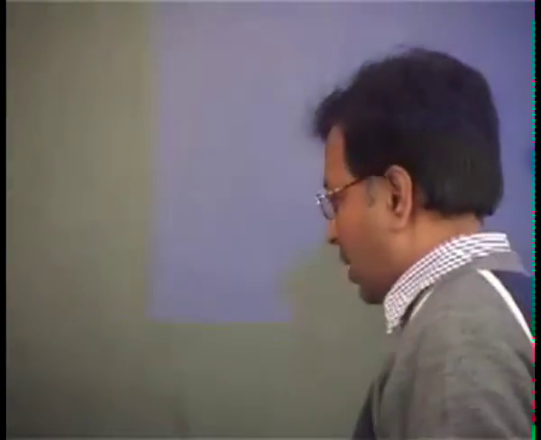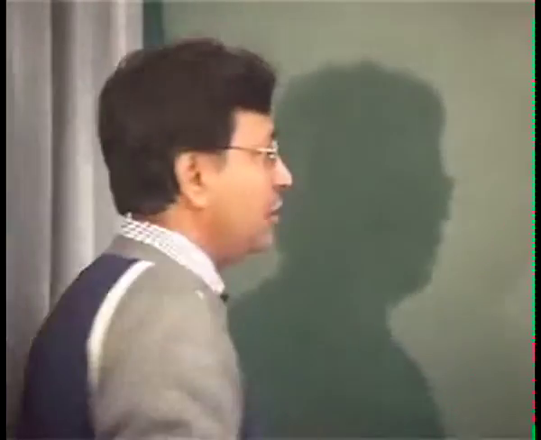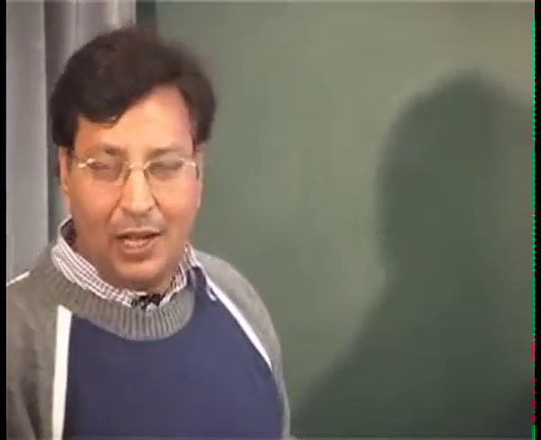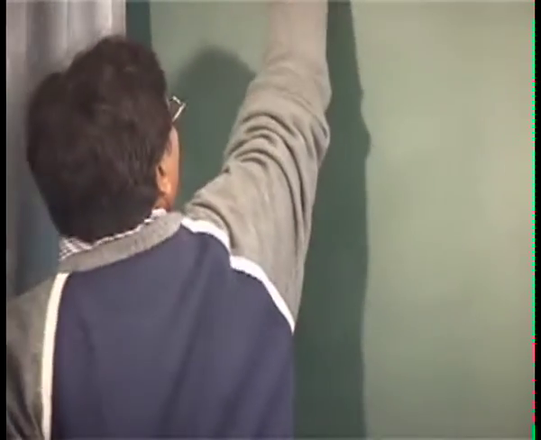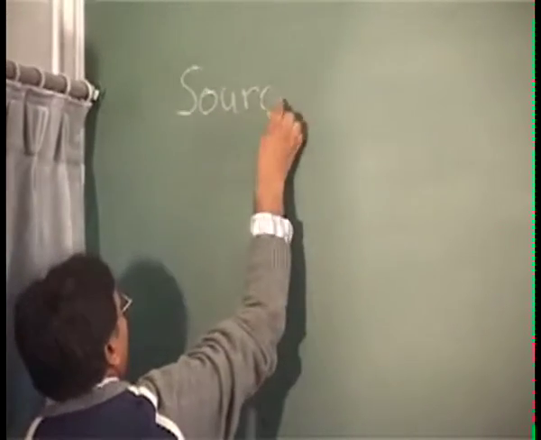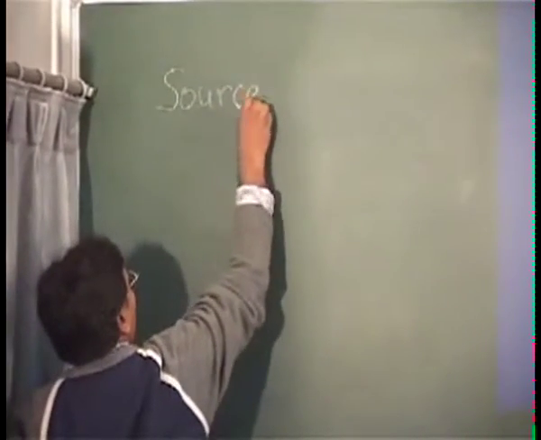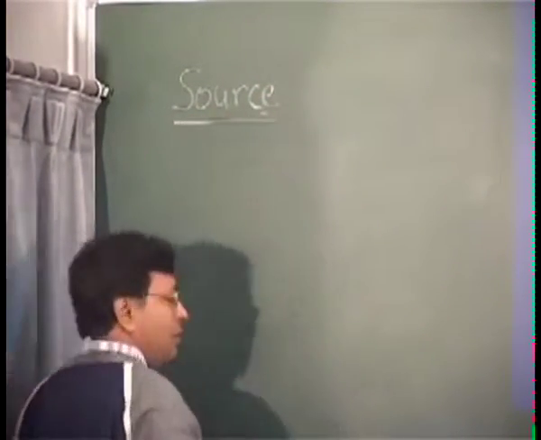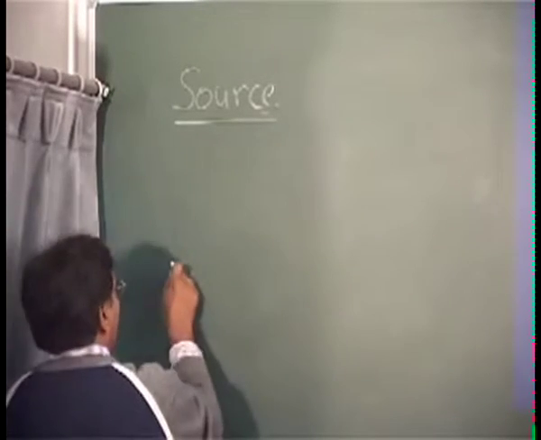So I'll try to do the same thing in terms of STR, and spend a little more time. If I start with the source, let me draw the source for you.